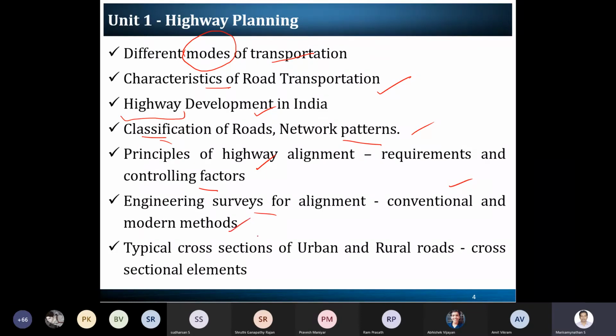Here the components are a little easier for you, because you might have already covered surveying, geodetic surveying and advanced surveying techniques, and probably studied the conventional and modern methods. With those applications, we will see how we do engineering surveys in the field of highways. The final component is the cross section of urban and rural roads.